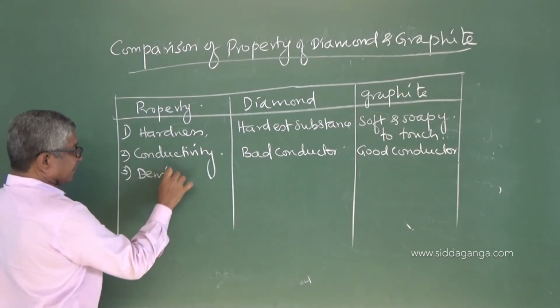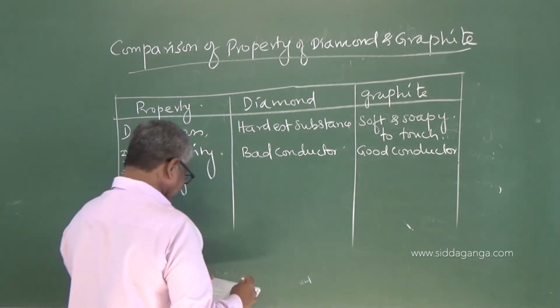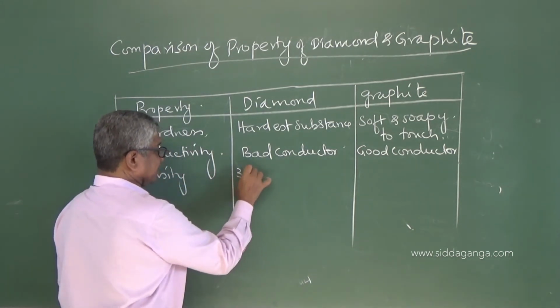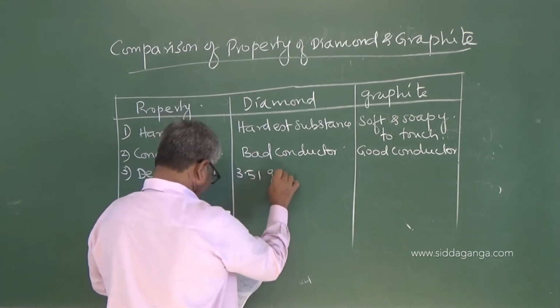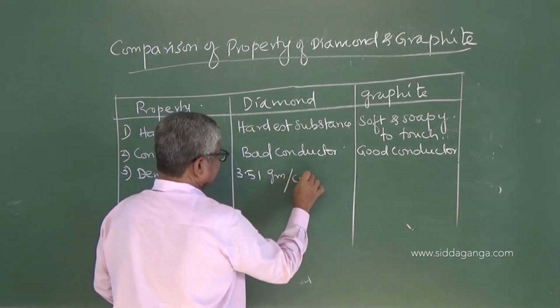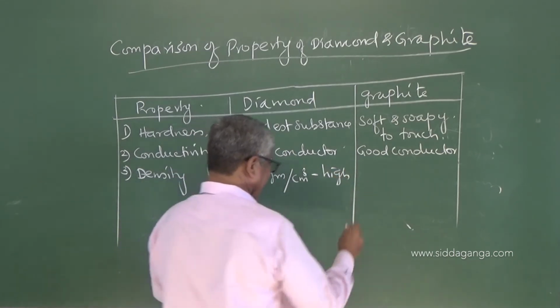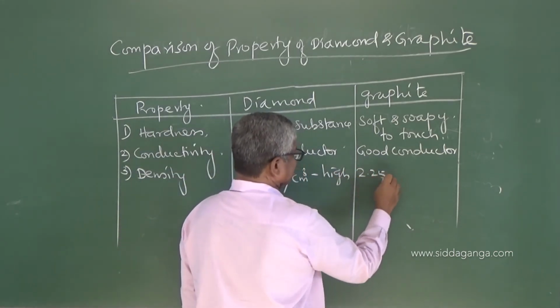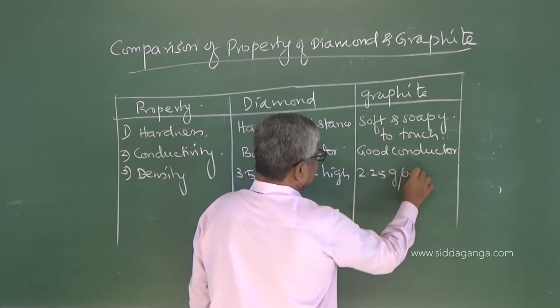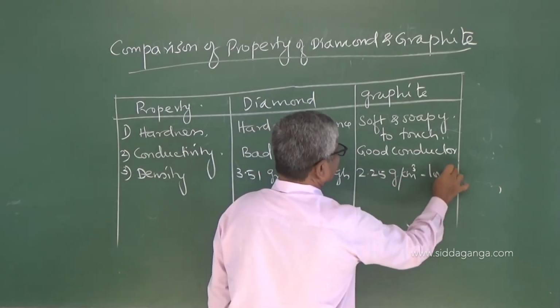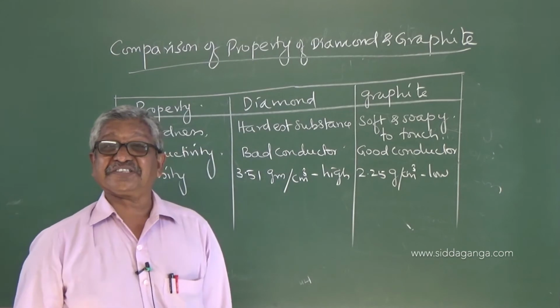Density of diamond is 3.51 gram per cm cube, the value is high. Whereas graphite is 2.25 gram per cm cube, which is low when compared with diamond.